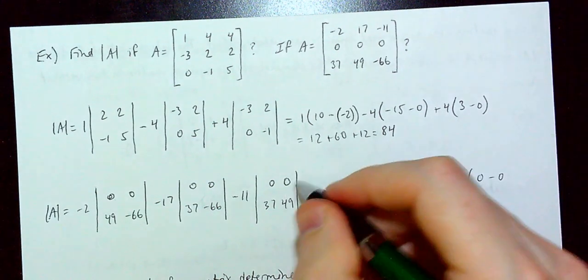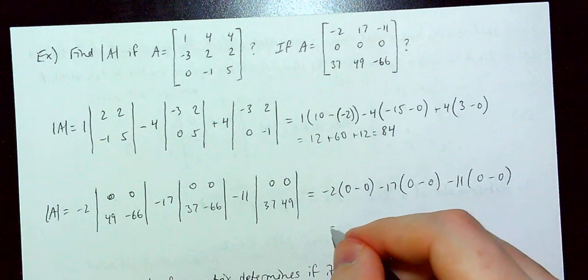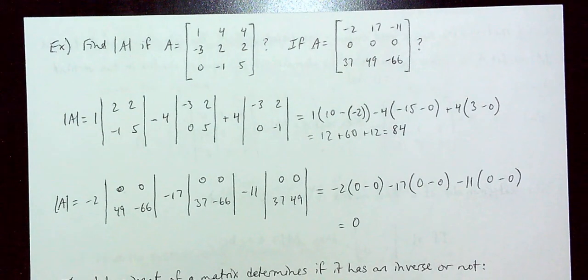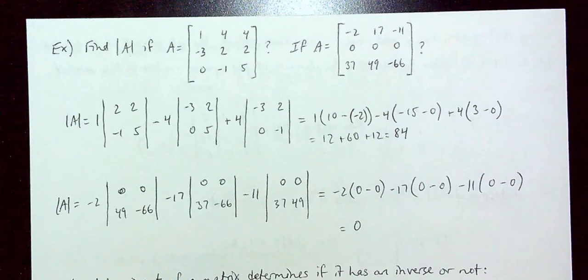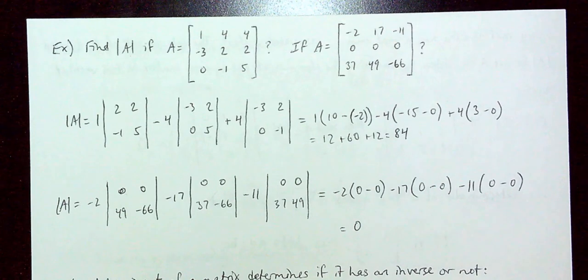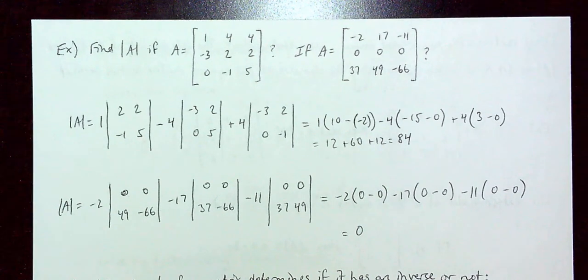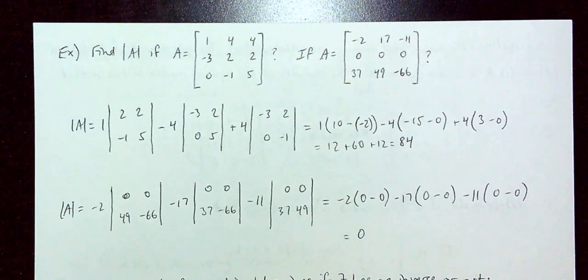We get 0 and 0. This whole big thing is just going to be 0. So I purposely gave you a matrix such as this. If you have a row that is all zeros in your matrix, then the determinant of your matrix is going to be a big fat 0.